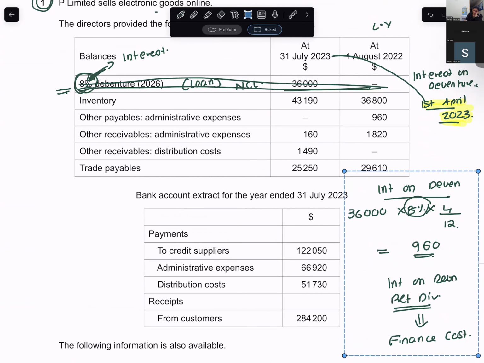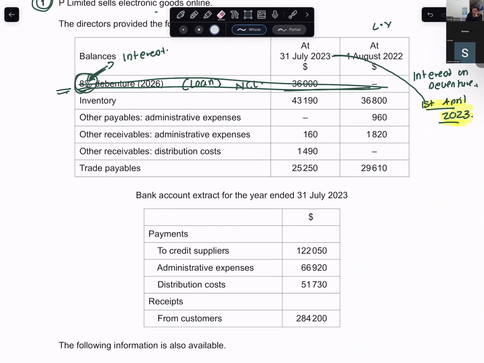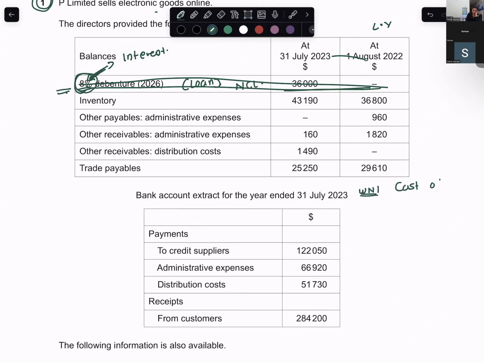Now what is there? The next thing is, let me read, the opening and the closing inventory. Opening and closing inventory will come in the cost of sales. So what is the formula for cost of sales? Opening inventory plus purchases minus closing inventory.